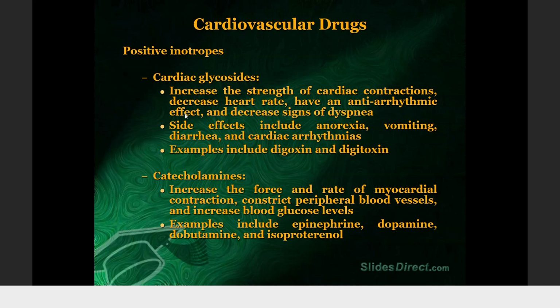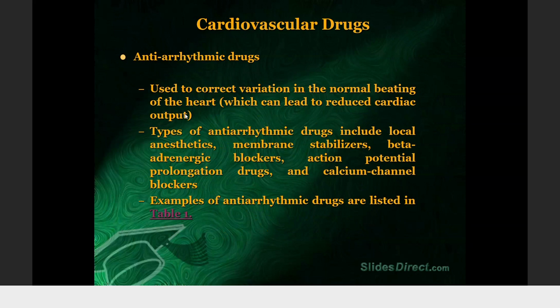All right. So the next action a cardiovascular drug does is as an anti-arrhythmic drug. Arrhythmia means that there are irregular beats of the heart. So anti-arrhythmic drugs are used to correct the variation in the normal beating of the heart.